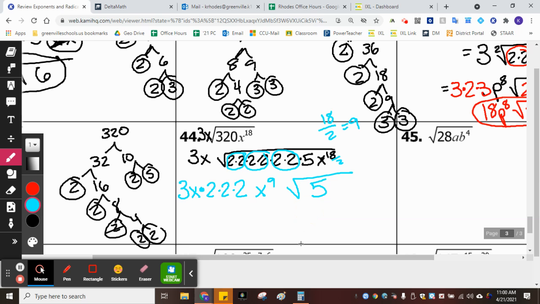And a 5 is left on the inside. So 24. That's what 3 times 2 times 2 times 2 is, 24. x to the 10th, because there's already one outside and I brought 9 more. So that's why it's 10.